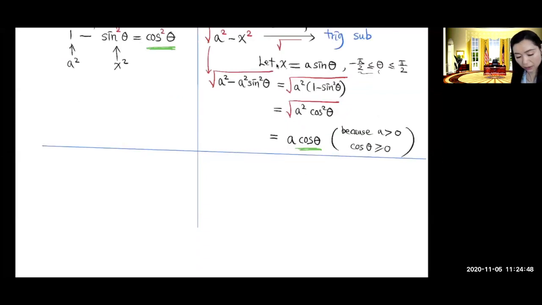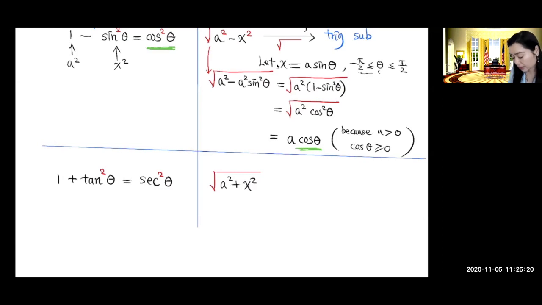Okay, now the trig identity: 1 plus tangent squared is equal to secant squared. Now, if you can remember this identity, then you know how to deal with this type of integral that involves the square root of a squared plus x squared.